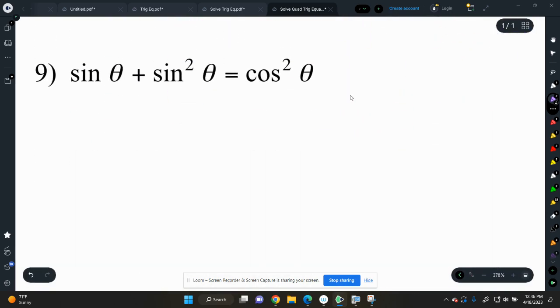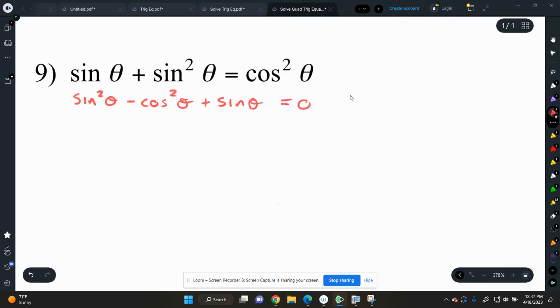Okay, let's see. Let's do number 9. So this one's harder. Why is this harder? So let's get everything to one side. So I'm going to do sine squared theta minus cosine squared theta plus sine theta.